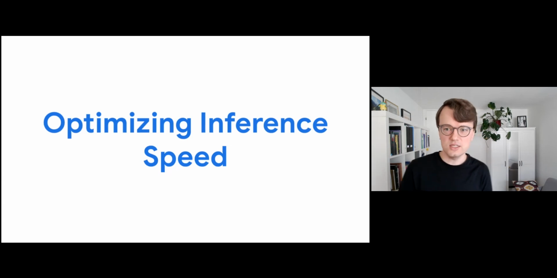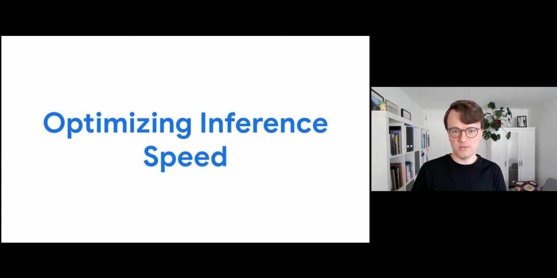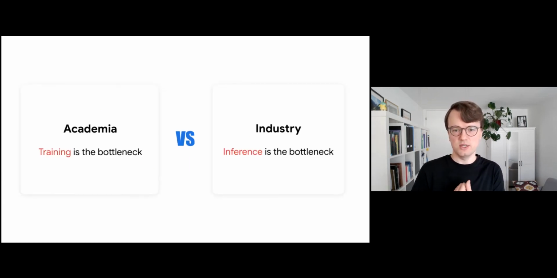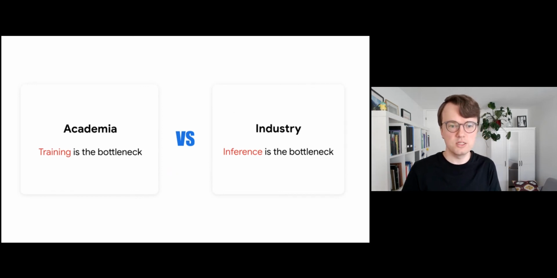And this is yet another thing that, at least in my experience, is a bit different in academia. Often, if you look at papers, I mean, this doesn't apply everywhere, but often training is the bottleneck. So that's the slow part. And when you have tight resource constraints, you care about the training time more.